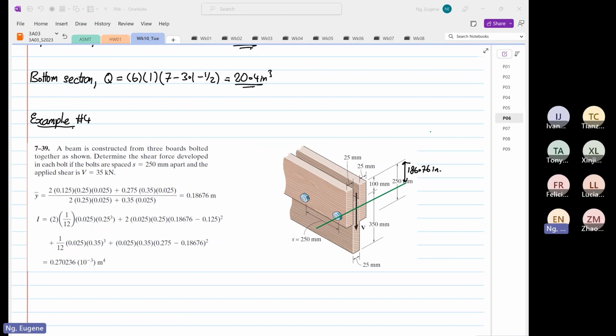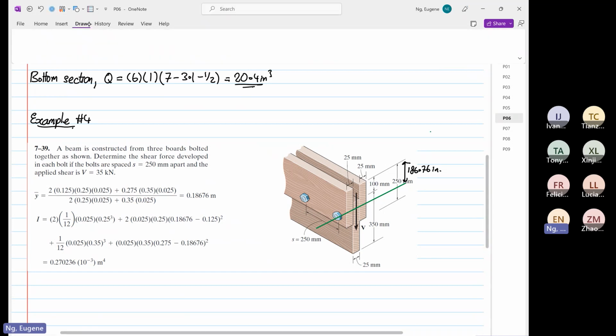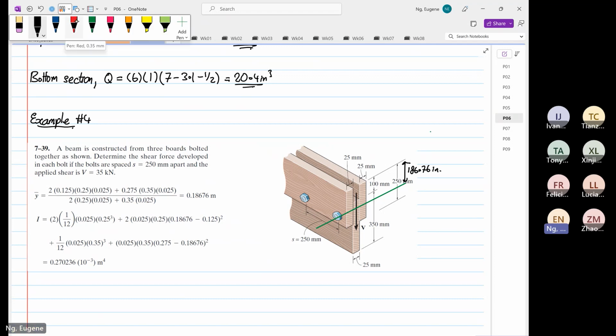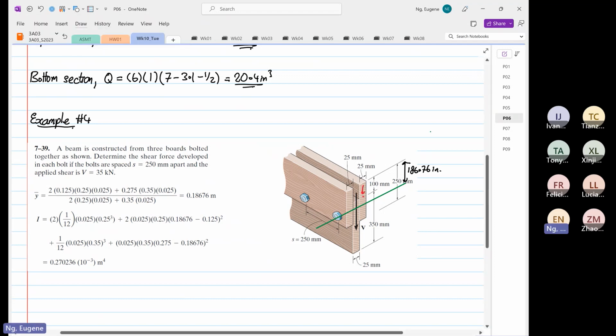So remember, if we have a shear force over here, or we have a V over here, for a longitudinal shear, the shear stress or the shear flow must distribute on the entire member. So what does this mean? This means the shear flow must flow all the way down.